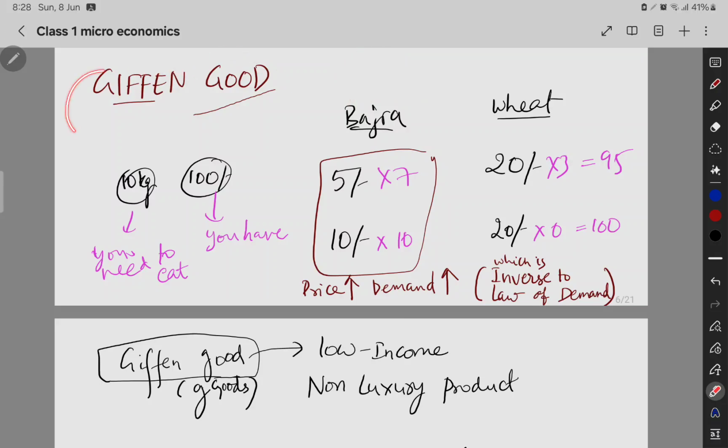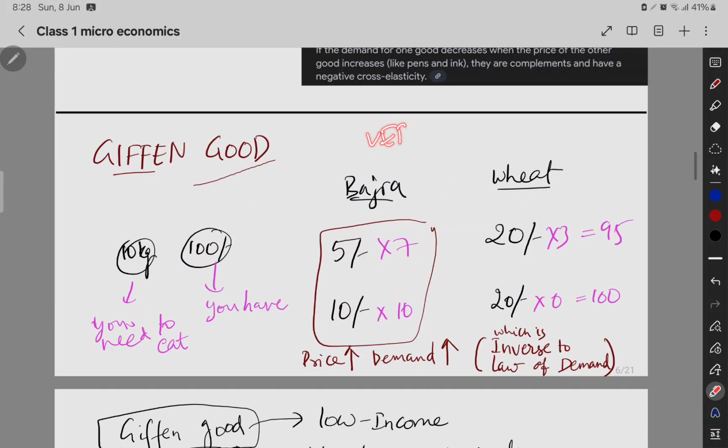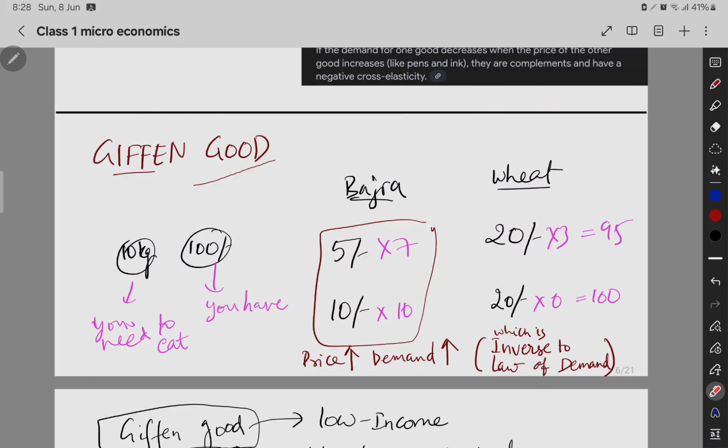There is also one other good, the Veblen good, where as price increases, the quantity demanded also increases. How is it possible? Let us see.